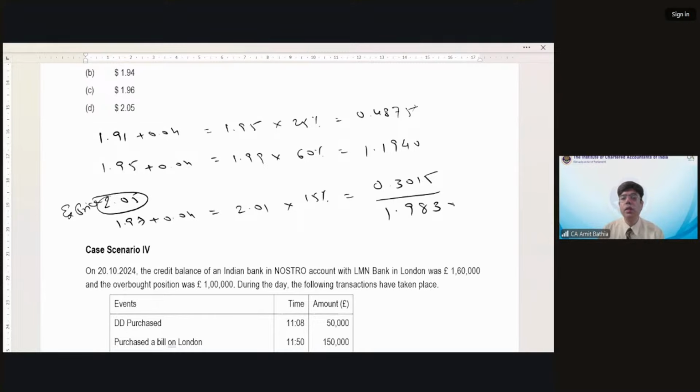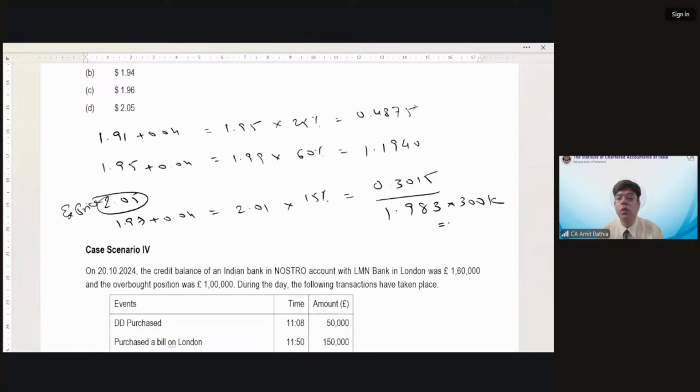Multiply this with 300,000. So what you get is 594,900.